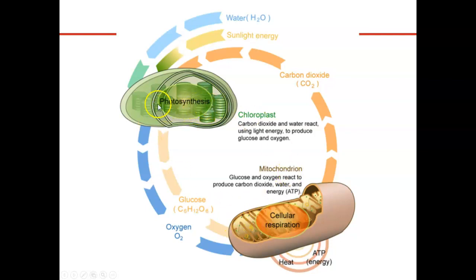And cell respiration. So this is a chloroplast. Plants have chloroplasts. Bacteria do not have chloroplasts, but they have bacterial chlorophyll. And they can still undergo photosynthesis, okay? But this is just an easy picture to use.